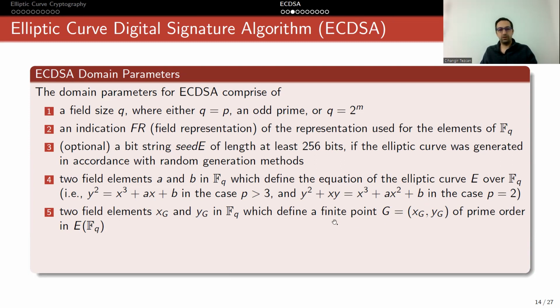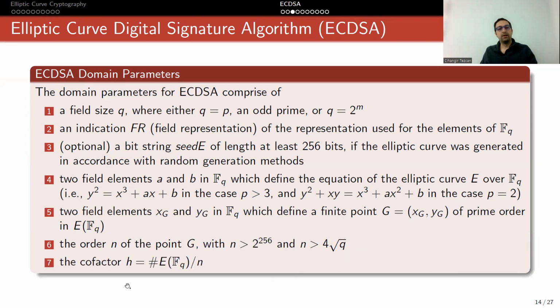So you need a base point G, which has these coordinates. The order n of the point G, where n has to be larger than 2 to 256, and has to be larger than 4 times square root of Q. Okay. The cofactor H, which is not that important, is the number of points on this curve divided by n.